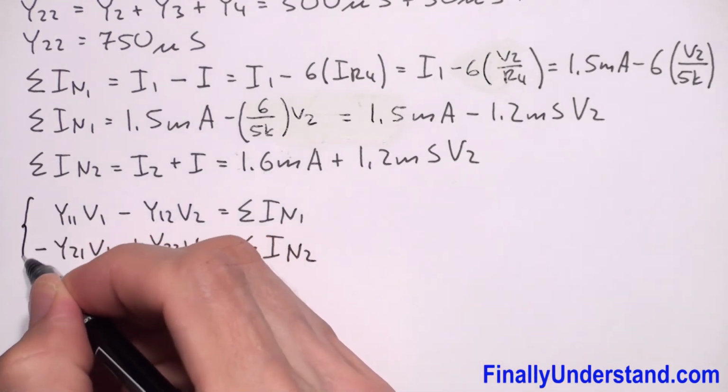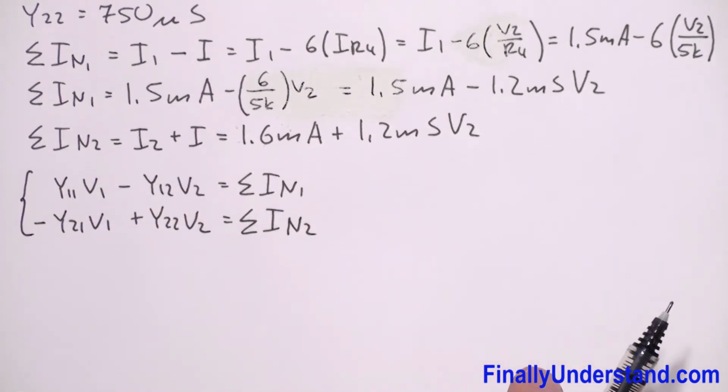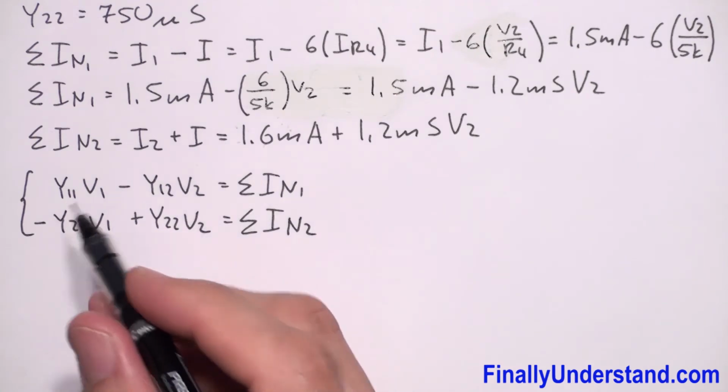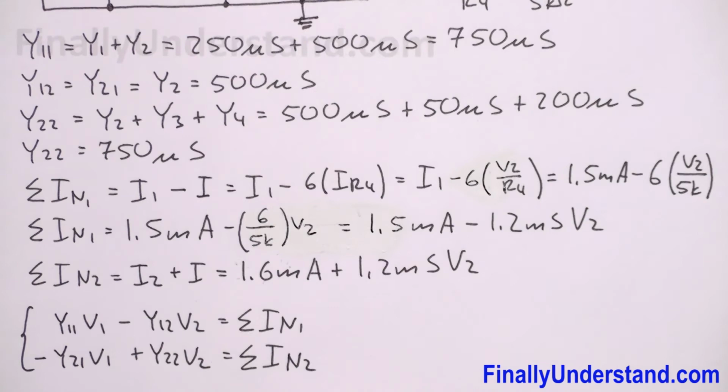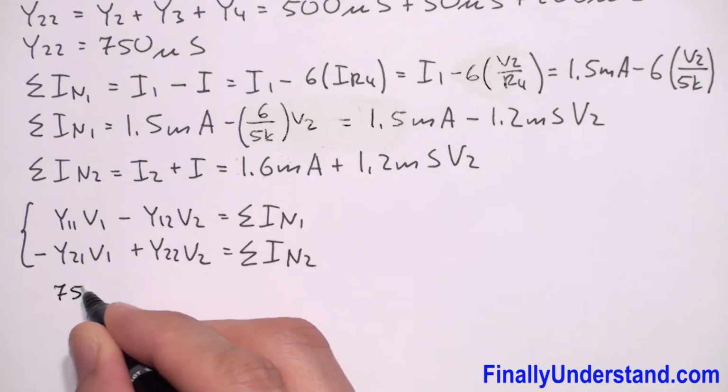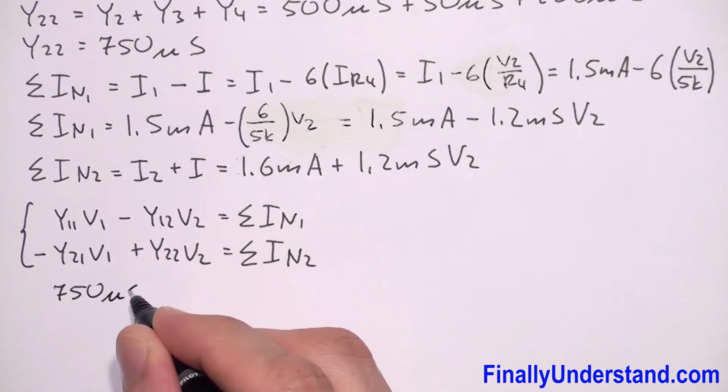So this is my general formula. So now I can write the nodal equations. I have Y11, we found, is equal to 750 microsiemens.